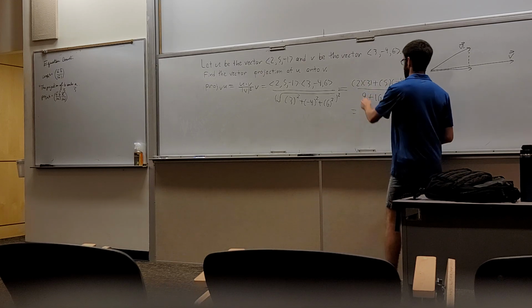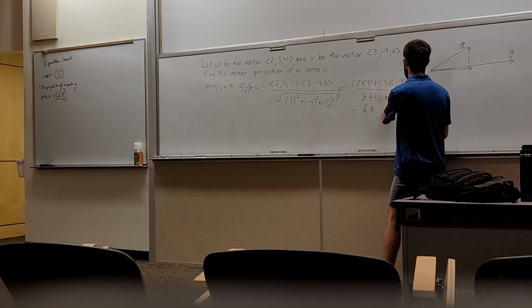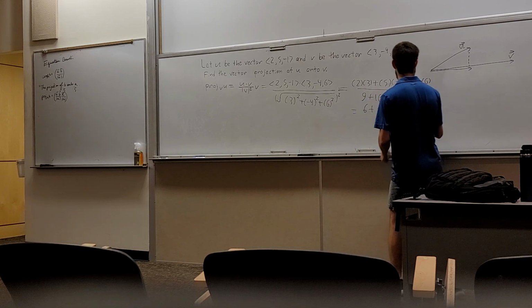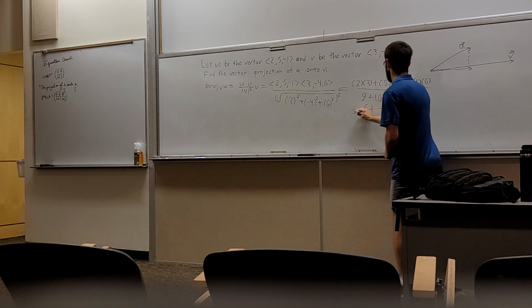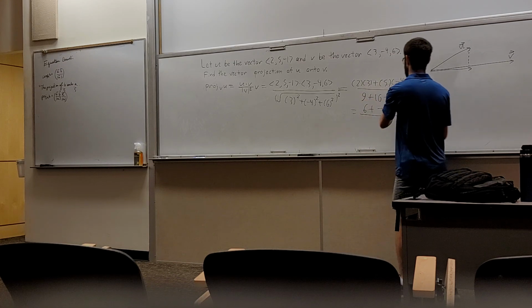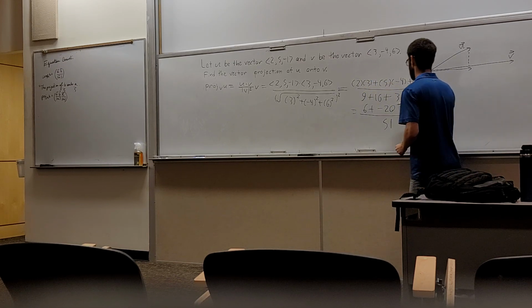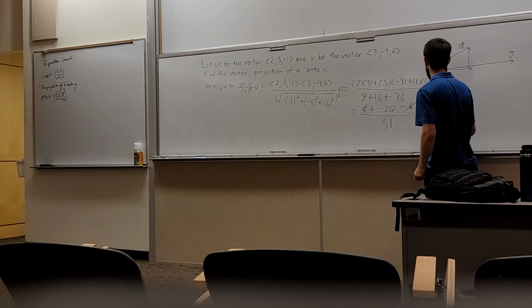Then we can just simplify this. So this will be 6 plus minus 20, and then minus 6, over 9 plus 16 is 25, plus 36, you get 61. So then these 6's will cancel. You'll get minus 20 over 61.